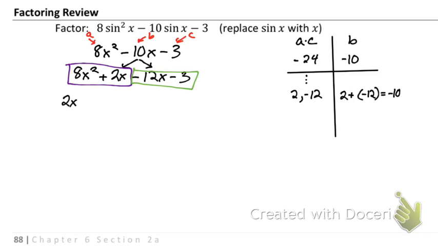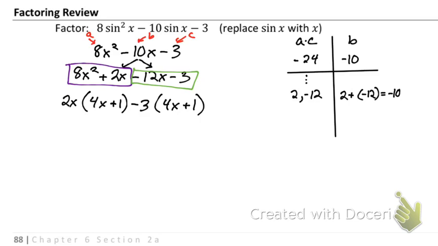So I'm going to rewrite this as 8 divided by 2 is 4x plus 1. Then we're going to do the same thing with negative 12x minus 3. The biggest thing you can pull out of negative 12 and negative 3 is a negative 3. So we're going to pull out a negative 3, which will give me a positive 4x and a positive 1.